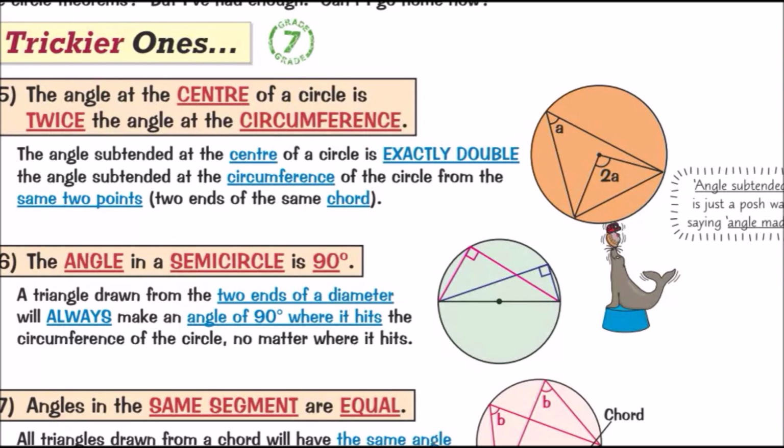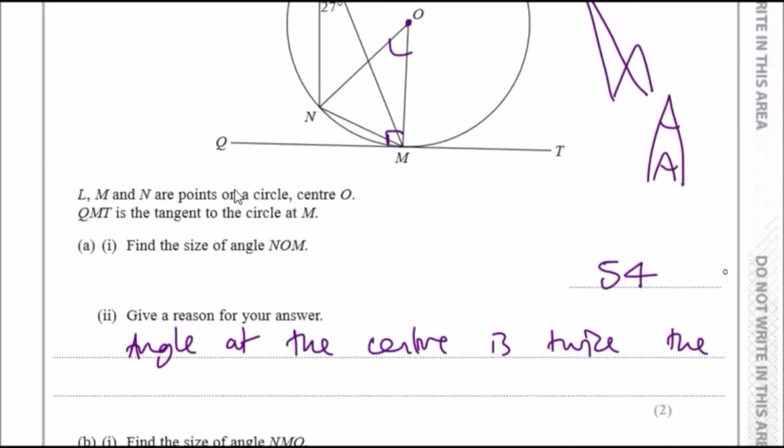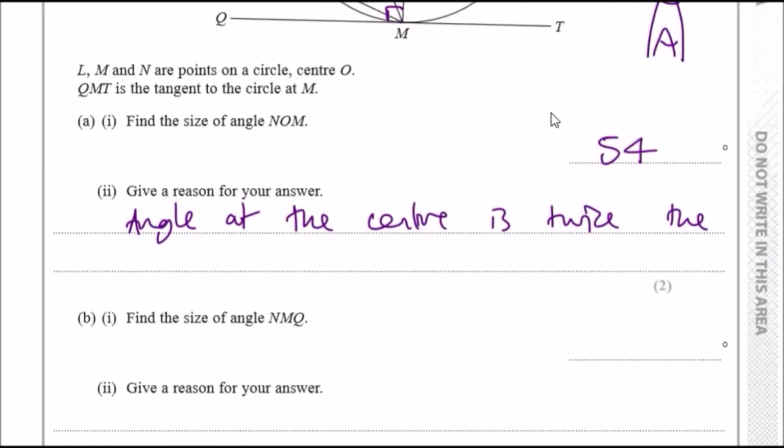The angle at the center is twice the angle at the circumference, i.e. twice 27. Okay. Ooh, handwriting not that great today.